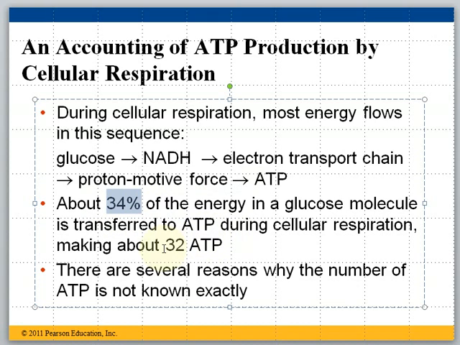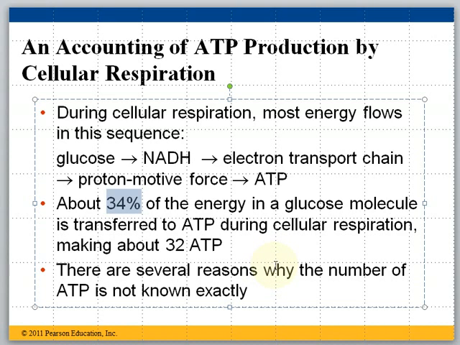So why do we keep saying about 32 ATP? Why isn't it exactly 32 ATP? Well, there's a couple of different reasons. They have to do with the inefficiency of the entire system itself. They have to do with the fact that there can be different electron transport mechanisms, and some of them are not quite as efficient.